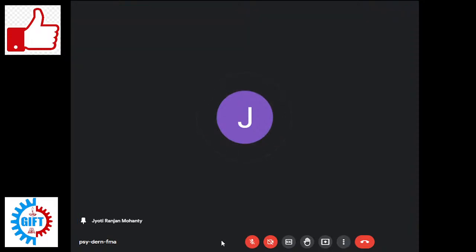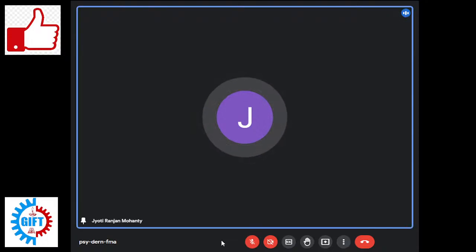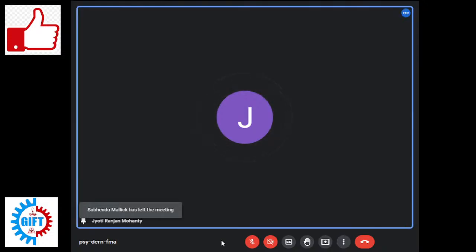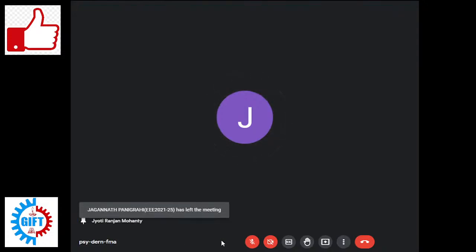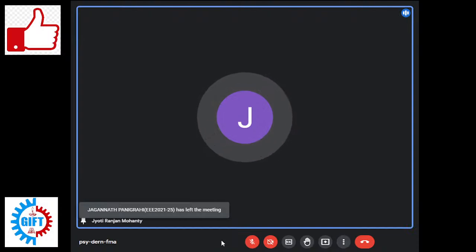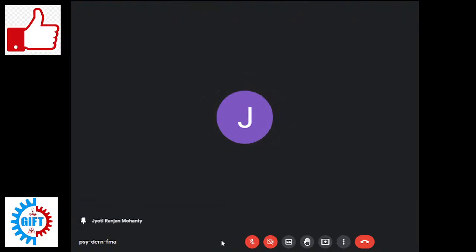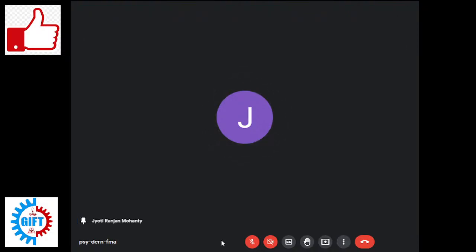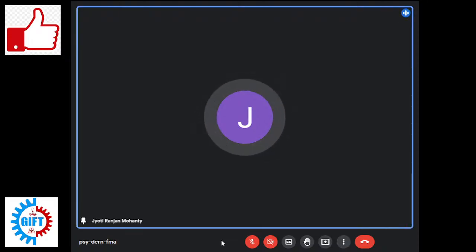So after doing calculation, we get Q is equal to 125. That means 500 divided by 2 into 2, 2 beta. So 500 divided by 4 is how much? 125.